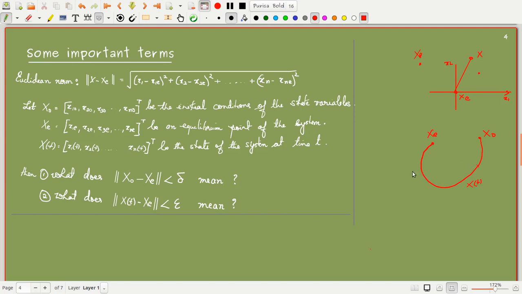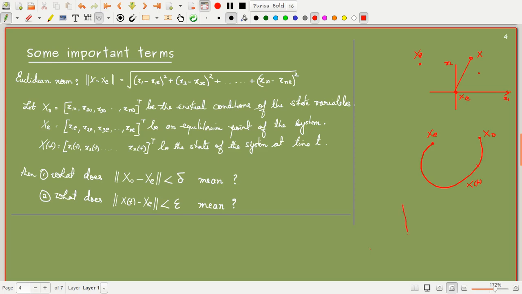Now the next thing we have to be clear about is what the norm of x0 minus xe less than delta means. It means that the distance between the initial point and the equilibrium point is less than some delta.